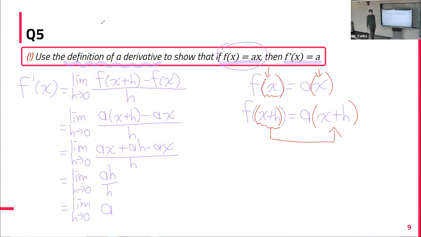And final step, we substitute h equals 0, but this is the easiest version. There's no h there, so the limit has no effect. It's just a. So f prime of x is a, and we have proved that.